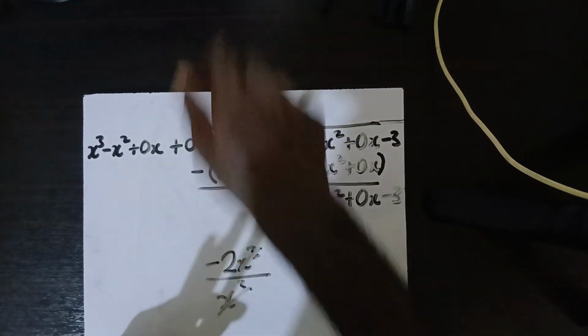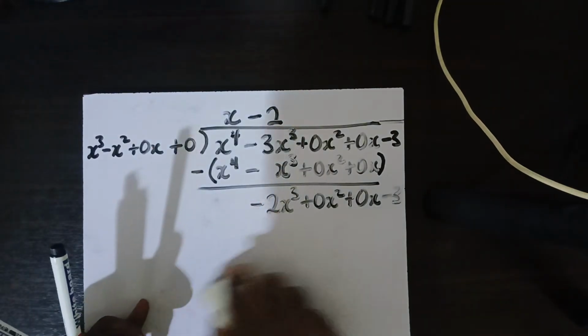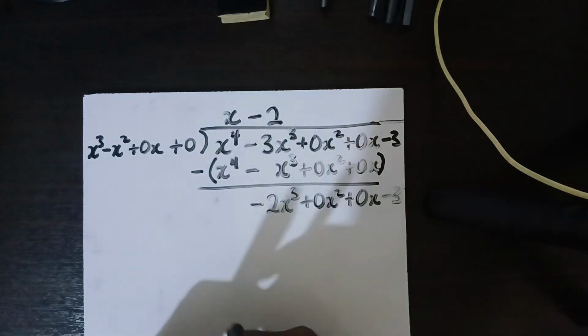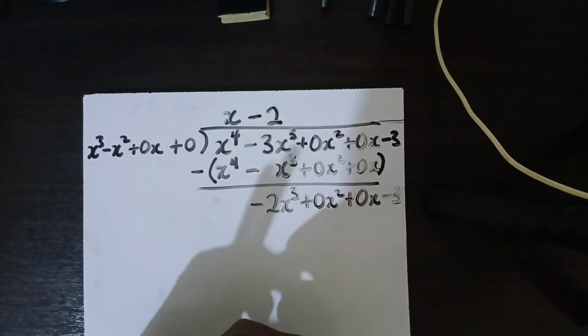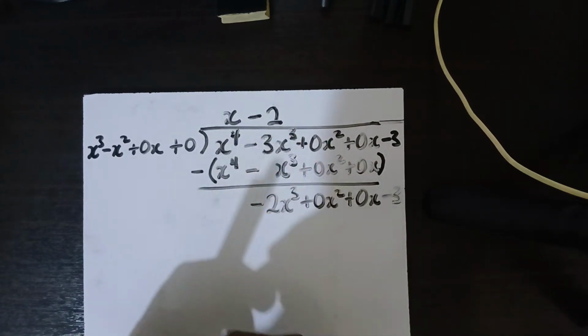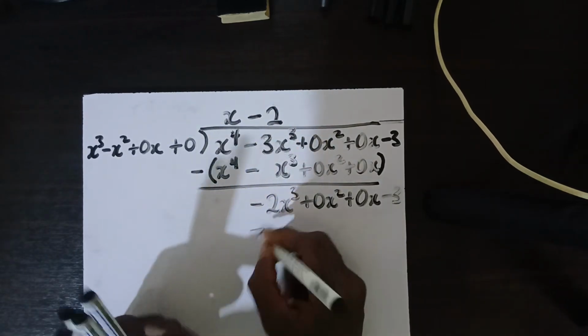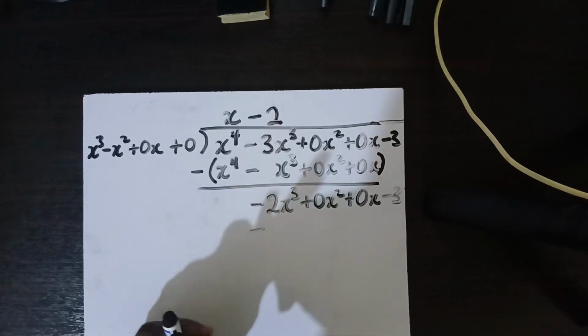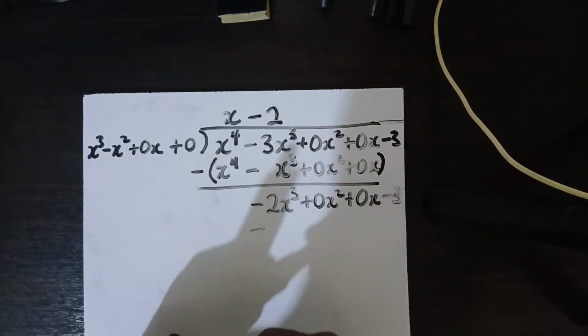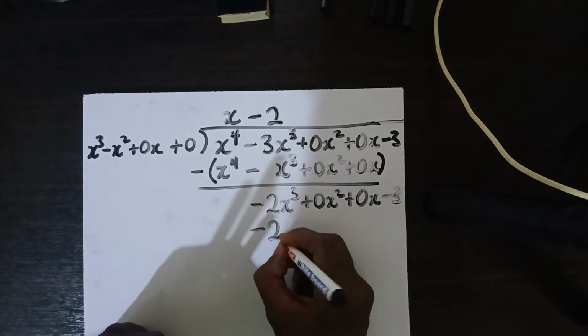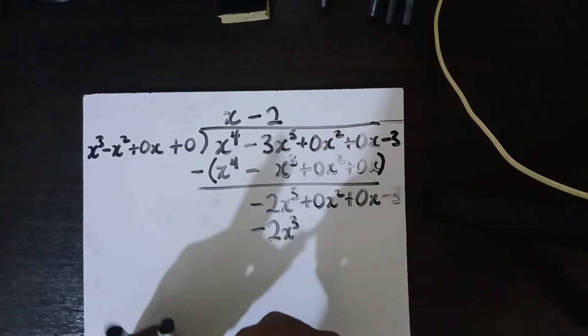So that is what we've written at the top. Then we do our multiplication again. Negative 2 times x cubed is negative 2x cubed.